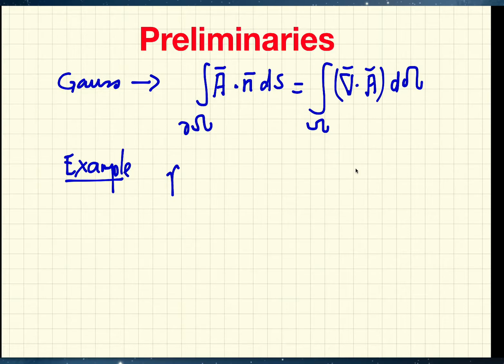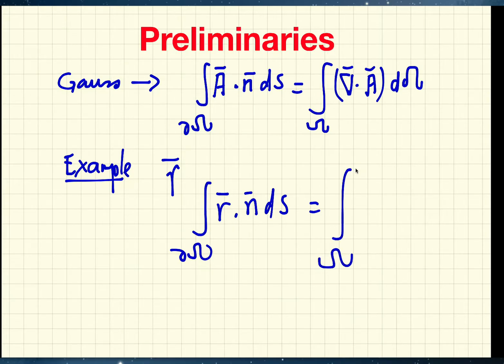Suppose that I have a position vector r, and I want to apply Gauss's theorem. Then the integral over the surface of r dot n ds should be equal to the volume integral of the divergence of this position vector r over the volume d omega.